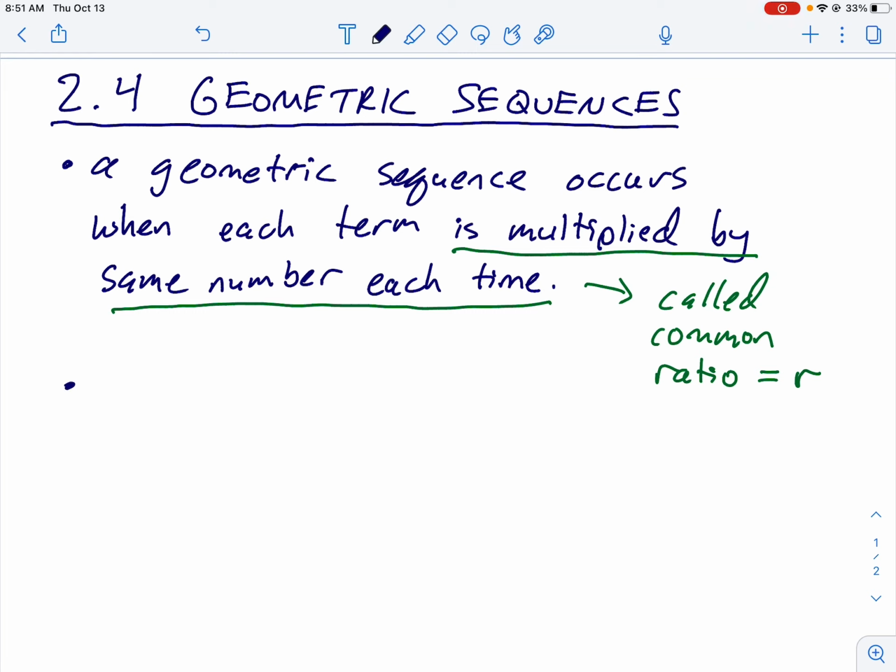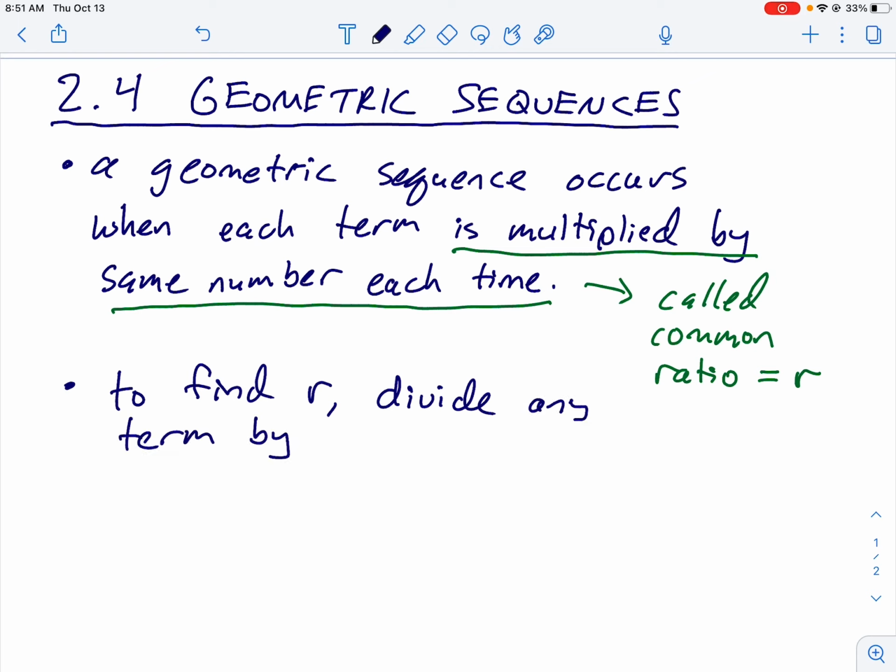Second, to find the ratio, you divide any term by the previous term.